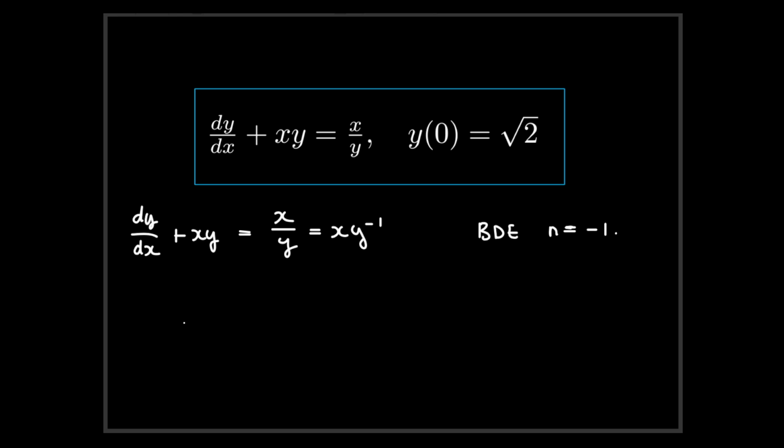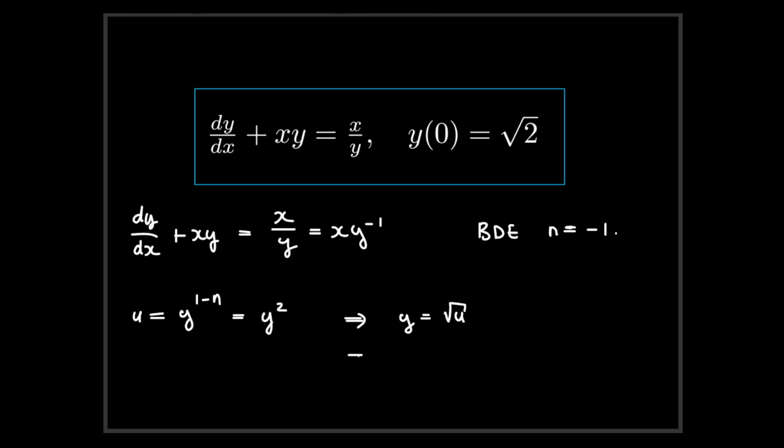Okay, good. So we make the substitution u equal to y to the 1 minus n, which in this case is just going to be y squared. So we have u is equal to y squared, and so this gives us that y is equal to square root u.